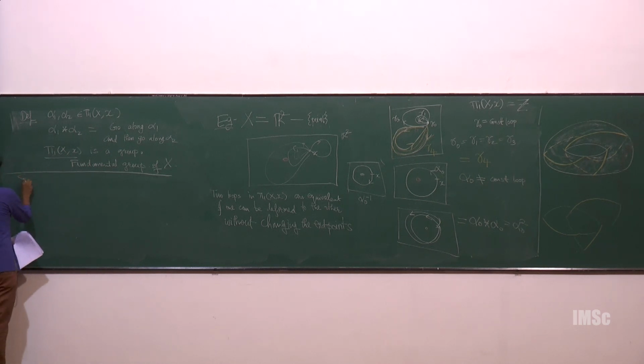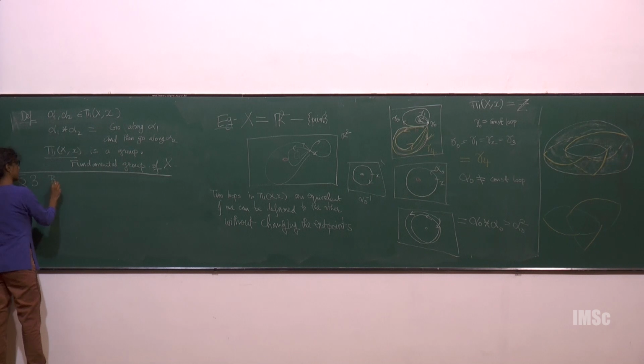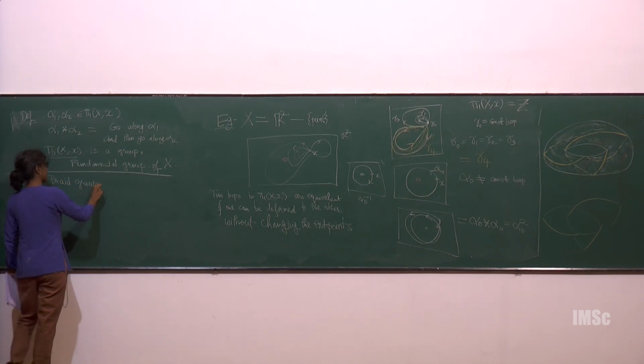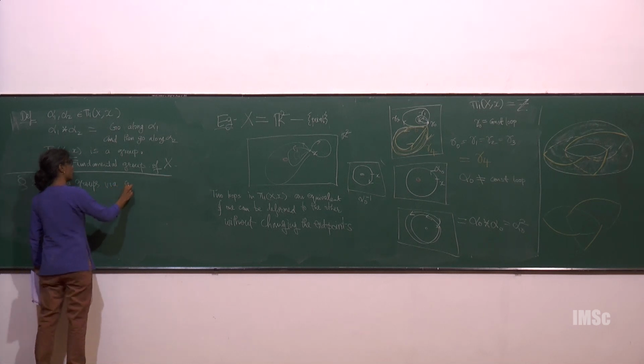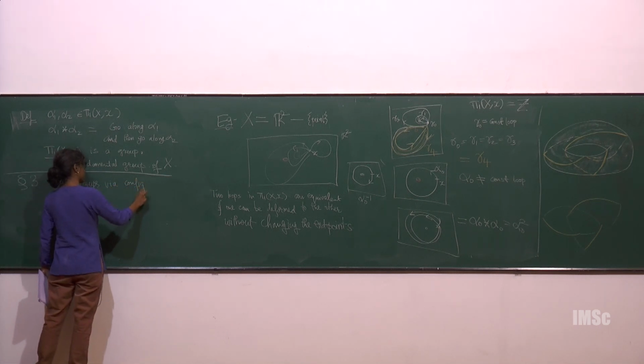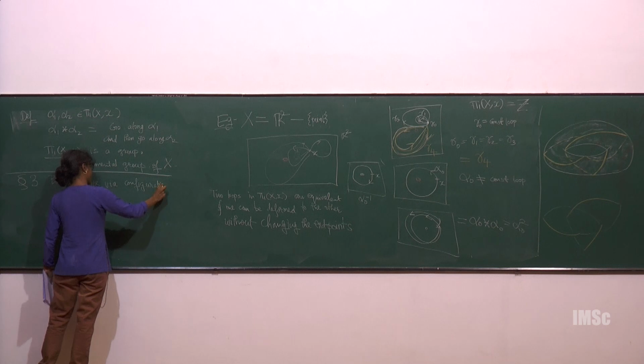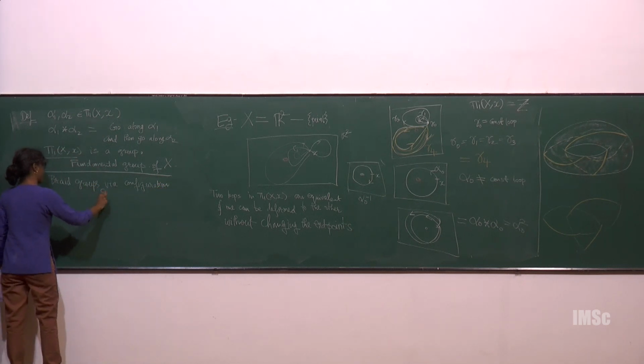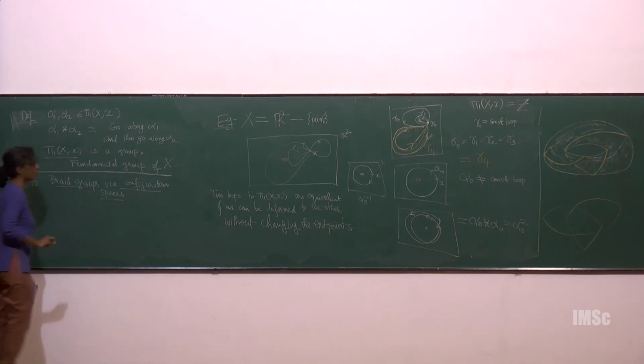So let's do braid groups via configuration spaces. I'm going to tell you what a configuration space is.